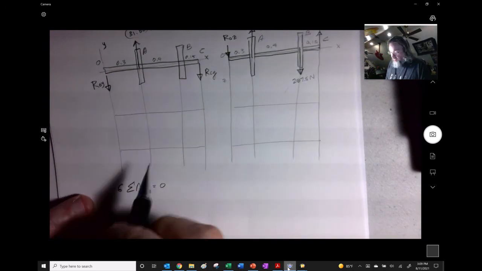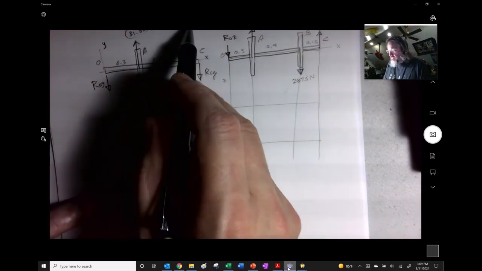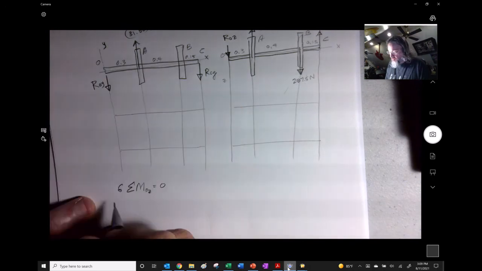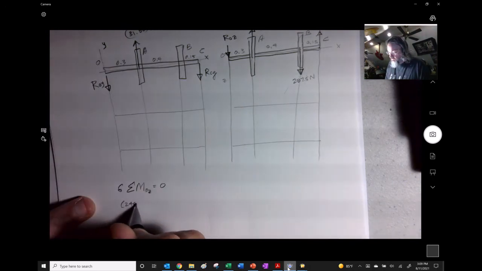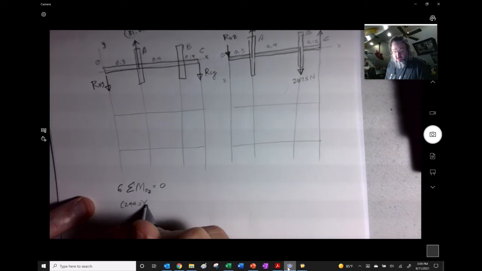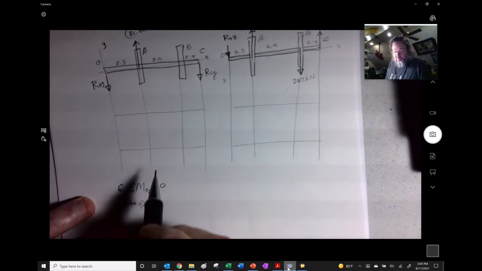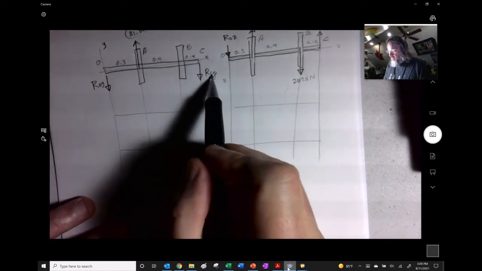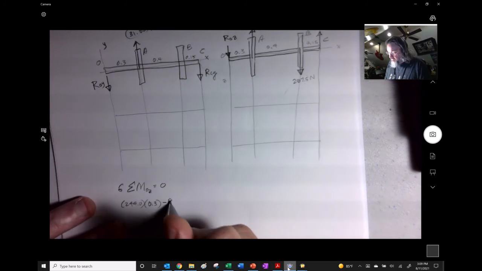So I write out that this guy, 244 going counterclockwise, times my 0.3, and our CZ is going clockwise.